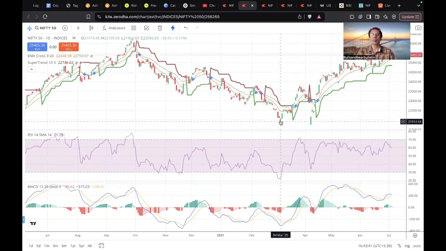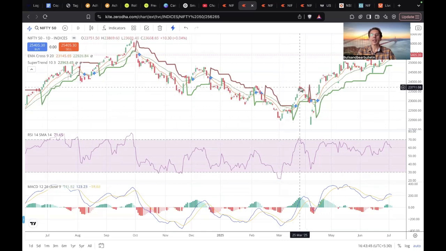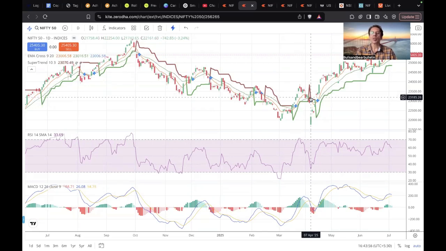And that's exactly what happened. You can see the market started going up, however it took resistance once again around the 23,800 level and started declining. This time, the market was influenced by the global market scenario on the tariff, which pushed the market aggressively down and made once again a new low.